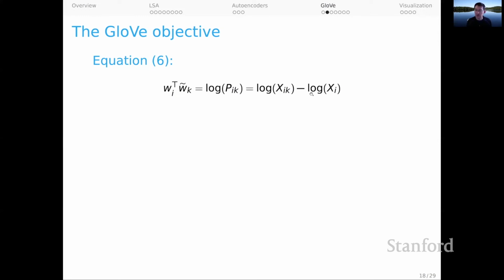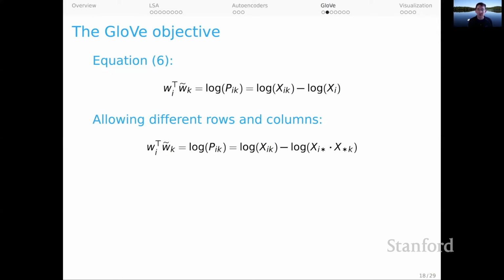Now, the reason they have only the row represented is that in the paper, they're assuming that the rows and columns in the underlying count matrix are identical. And so we don't need to include both. However, if we did allow that the row and context could be different, we would just elaborate equation 6 to have a slightly different denominator. We would have the product of the row sum and the column sum, take the log of that, and subtract it out. And that would be our goal for learning these dot products.